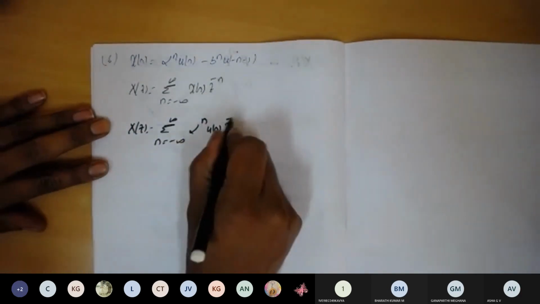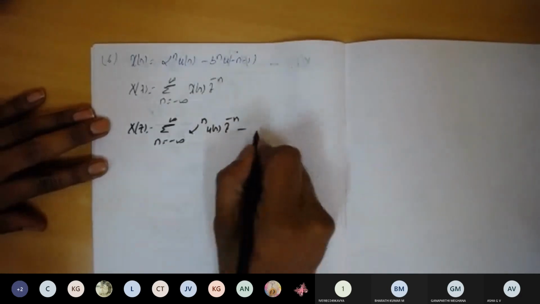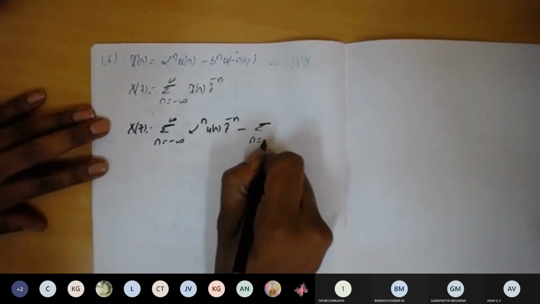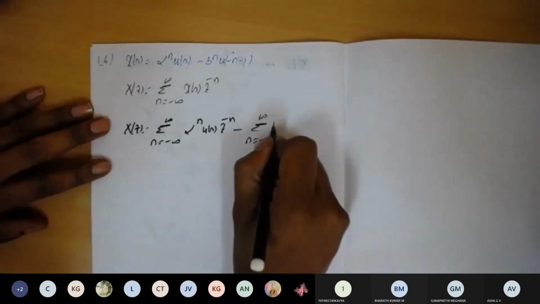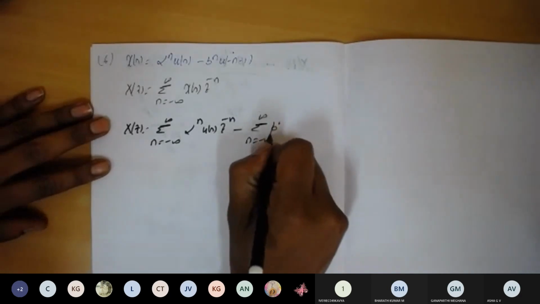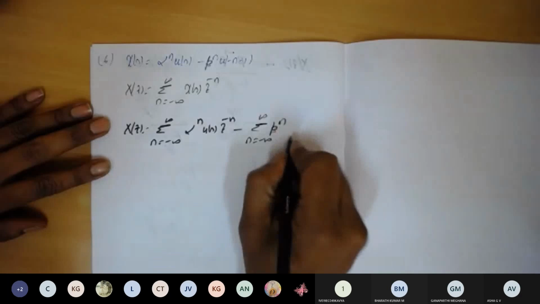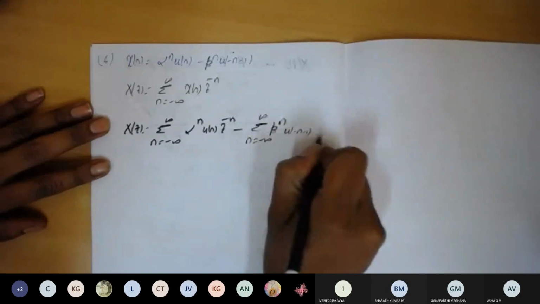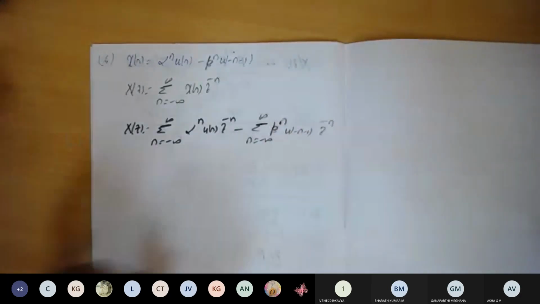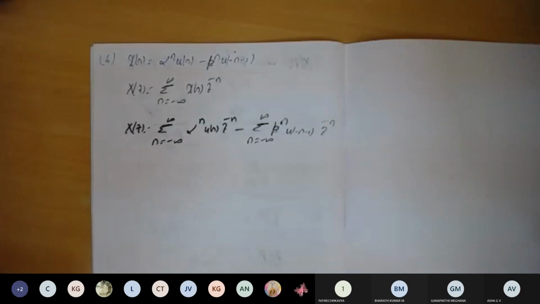I'm going to split these terms here. So minus, we have summation n is equal to minus infinity to plus infinity beta to the power of n into u of minus n minus 1 into z to the power of minus n.